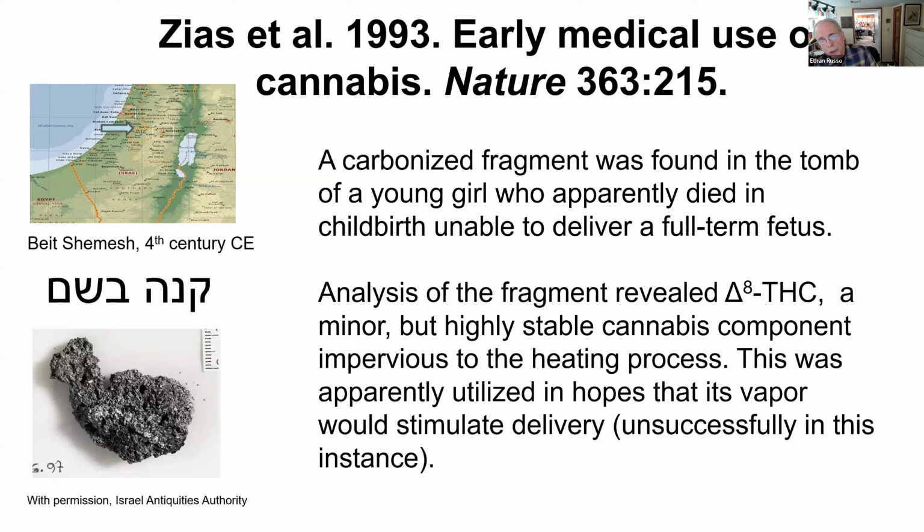The supposition is that this cannabis was burned in an effort to stimulate labor, which in this instance was unsuccessful. But this would closely mirror the other ancient claims from Egypt and the Middle East about the ability of cannabis to increase contractions in terminal labor.